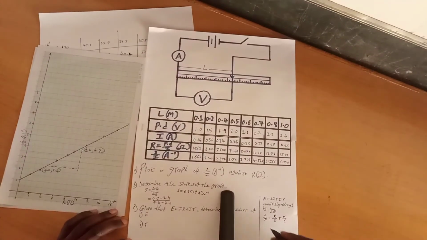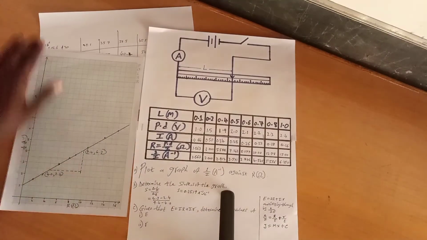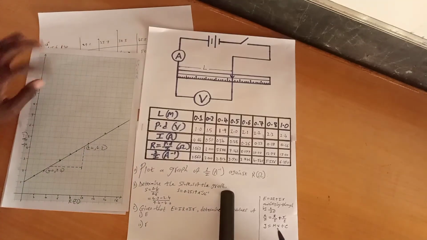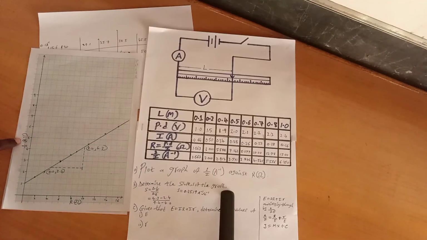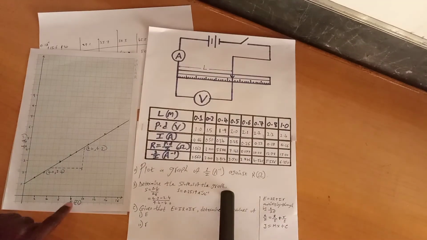This equation is in the form y equals mx plus c, because 1 over I is the y-axis and R is the x-axis.